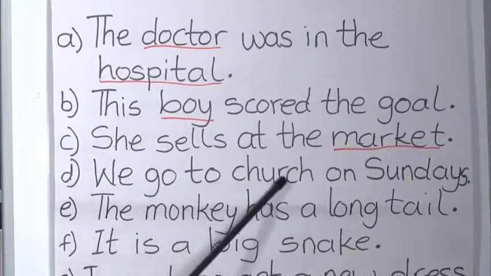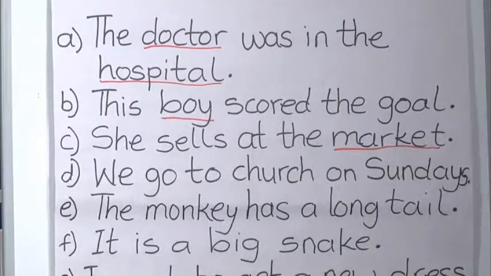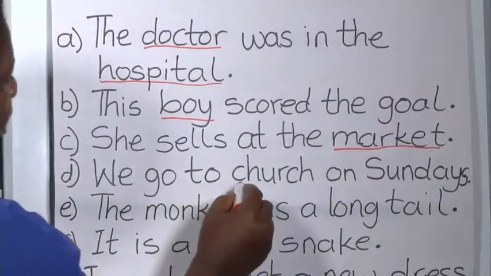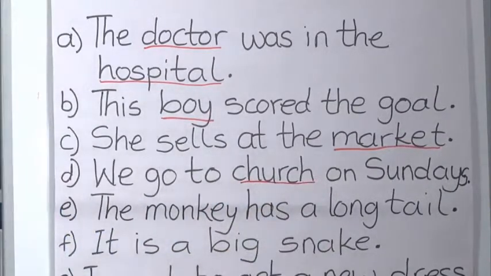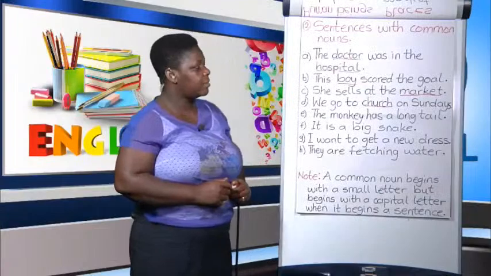We go to church on Sundays. Let's look for the common noun in this sentence too. Church is the common noun in this sentence, and it is a name of a place.